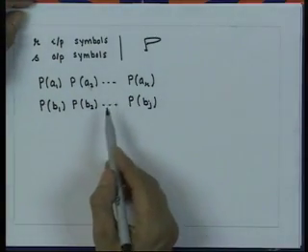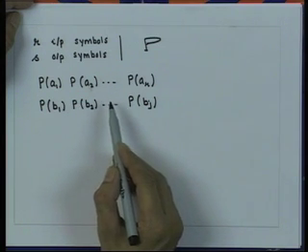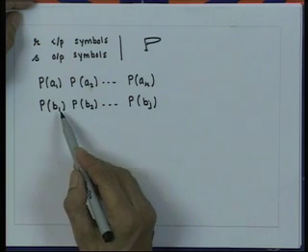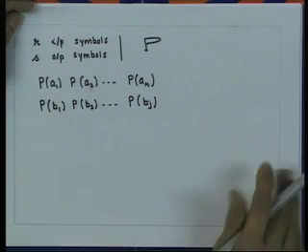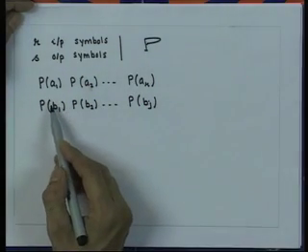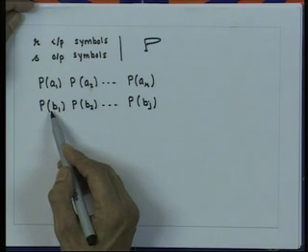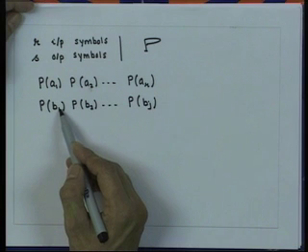Now if you look at the output symbol B1, for example, there are R ways in which we might receive output symbol B1.